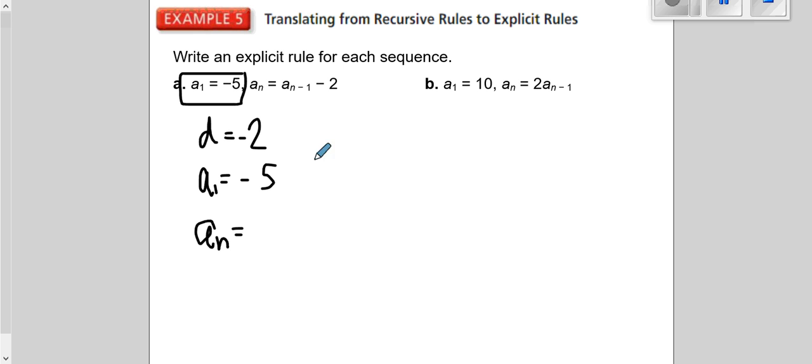For the recursive rule, we need the explicit rule. So back to the formula we learned several days ago. a sub 1 plus n minus 1 times d. Put in your a1 and your d and simplify. Make sure to simplify.